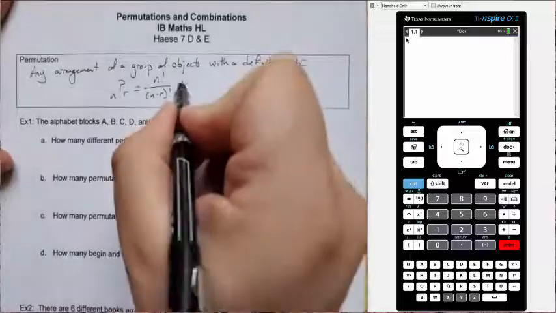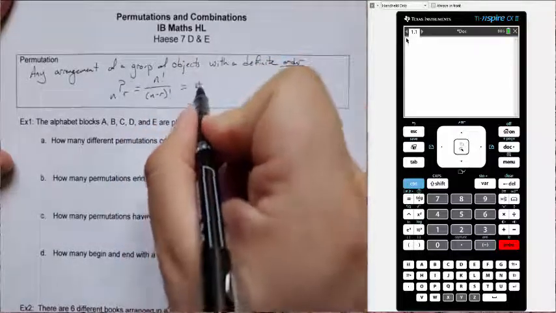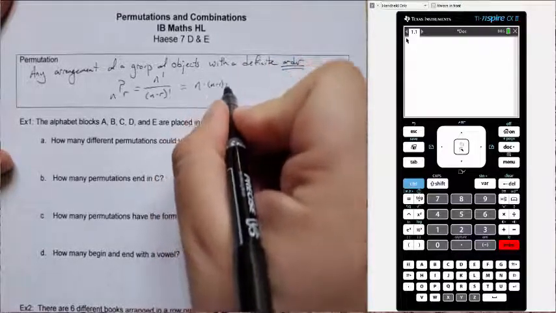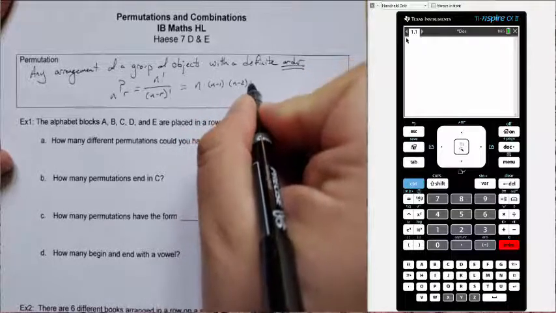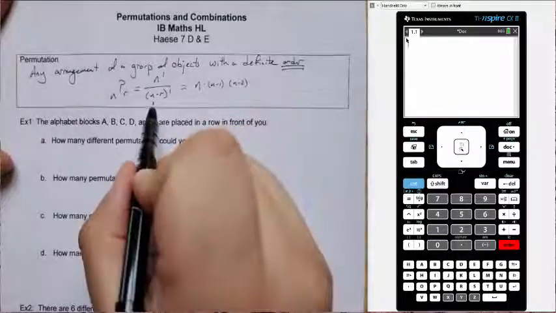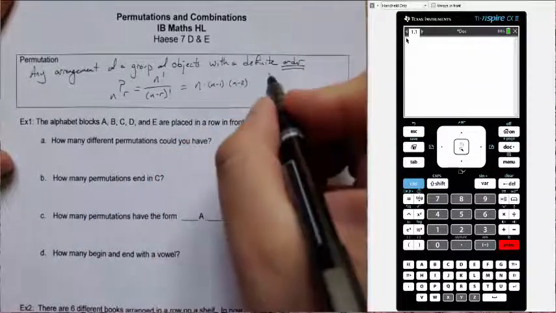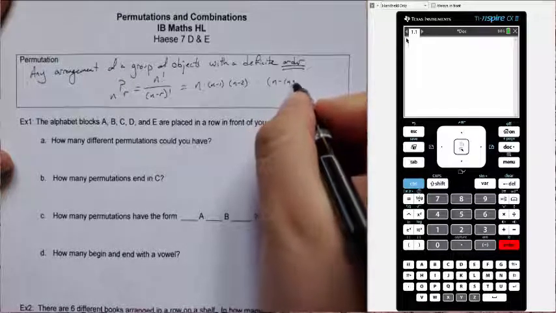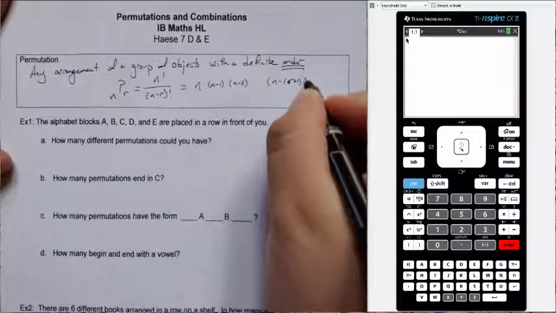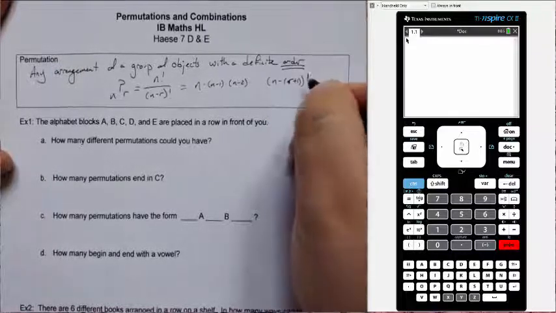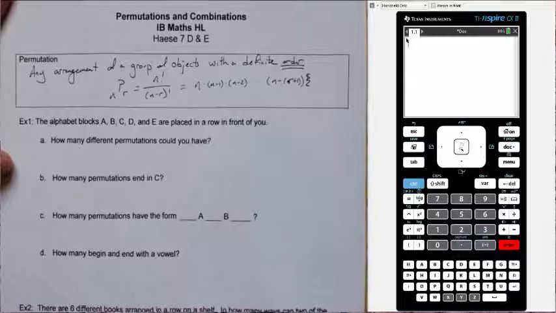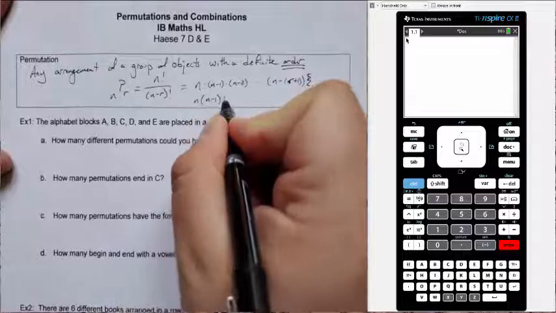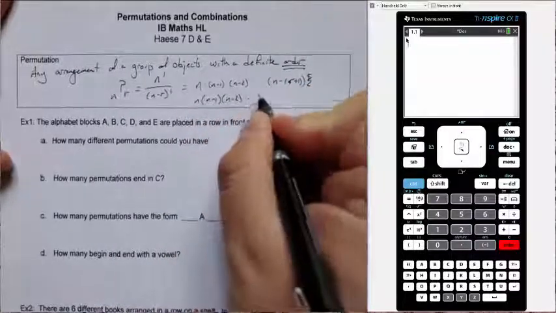What this works out to be is simply starting at n and multiplying by every number below it until you get to a certain point, which is one number bigger than n minus r, which works out to be n minus r plus 1. Or if you distribute this minus sign, it's n times n minus 1, n minus 2, dot dot dot, down to n minus r plus 1.